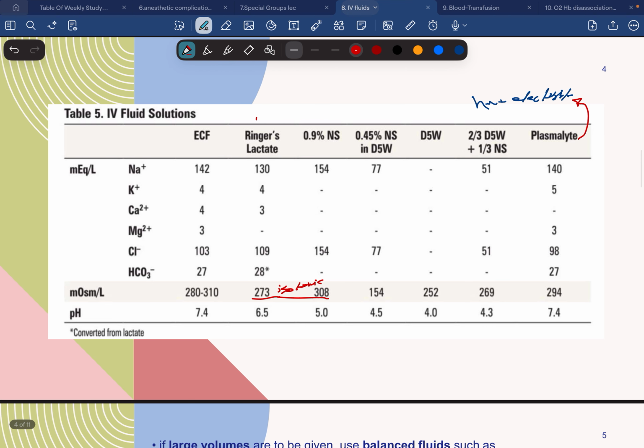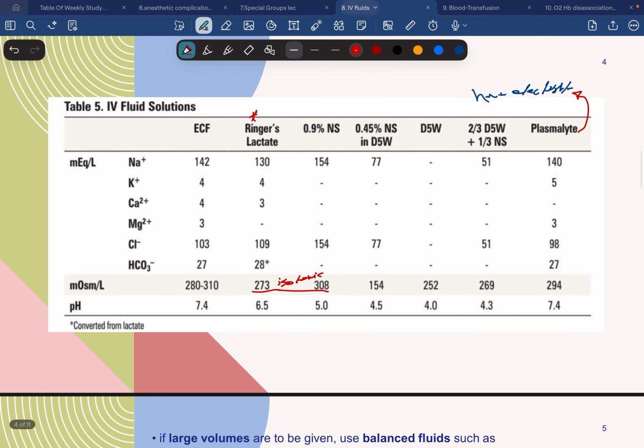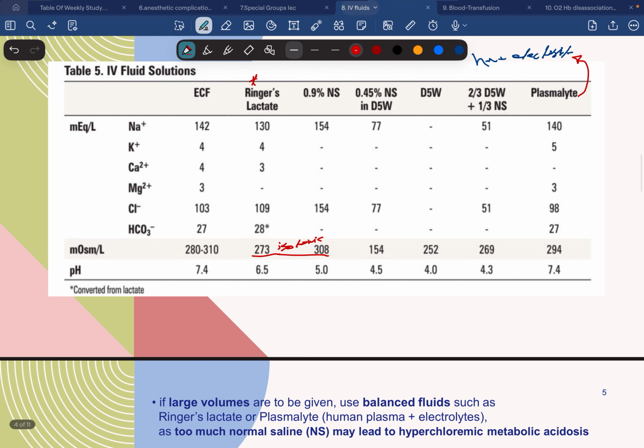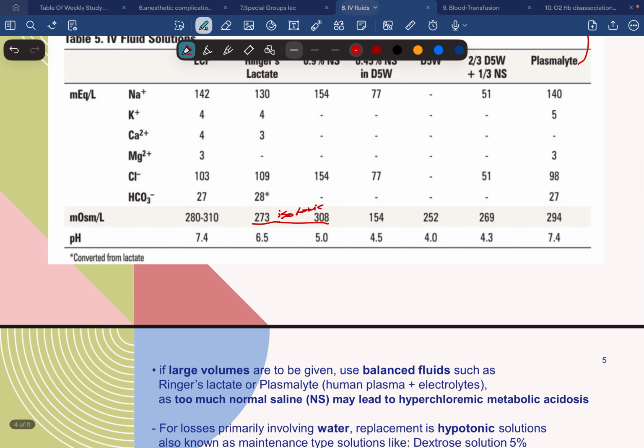Ringer lactate is always available. It has mostly the same electrolytes as ours. Plasmalyte is very close, but it's not always available. So we go with Ringer lactate. These numbers are required for you to know.